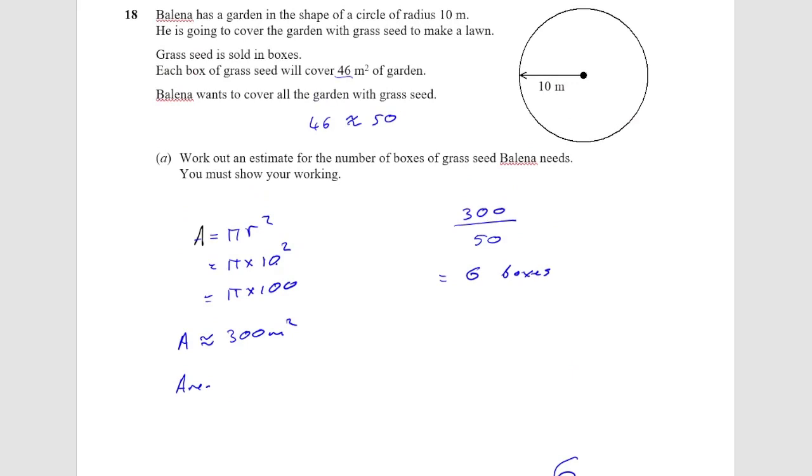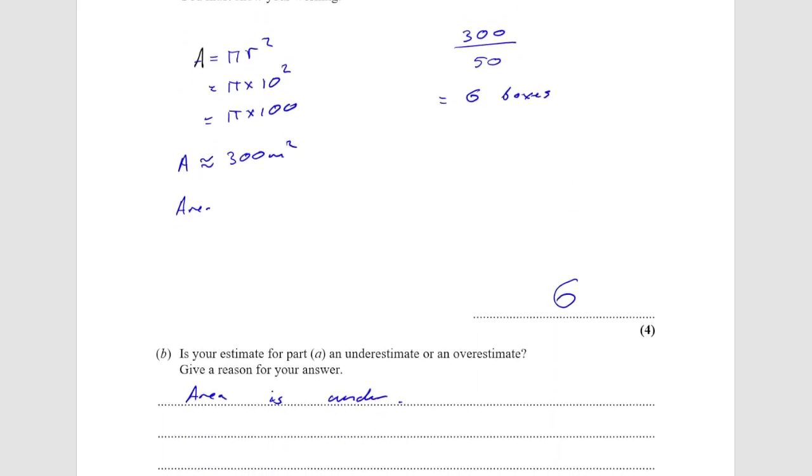So this value is a round up. So area is an estimate. Each box coverage is an over.